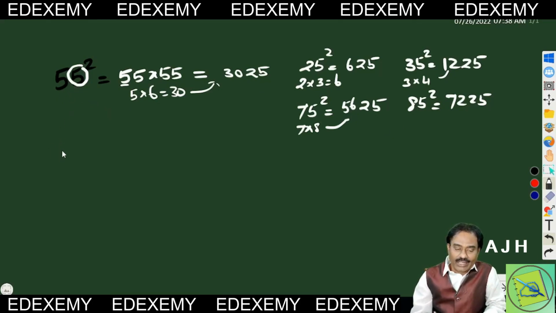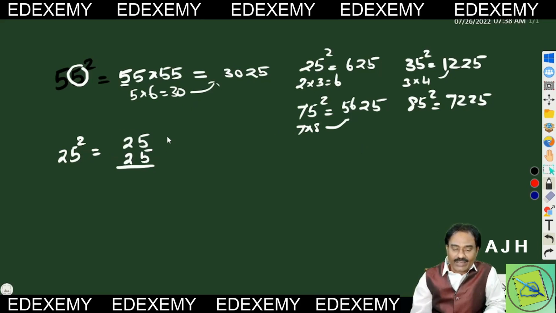Now we extend this root pattern technique. Now let us take 25 square. Let us write like this: 25 and 25, one below the other. Now there is a pattern. Now we will extend this pattern.